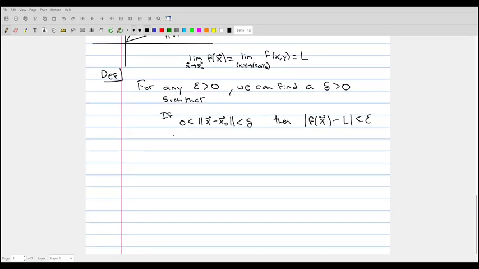Another way of writing this, and this actually is general, holds for functions of any number of variables, and it allows you to define the limit for functions of any number of variables. But for 2 variable functions, what this is saying is that if the square root of x minus x naught squared plus y minus y naught squared is less than delta, then f of x, y minus L is less than epsilon.